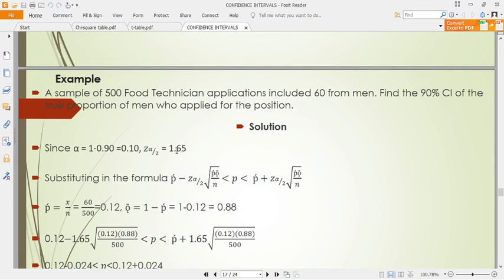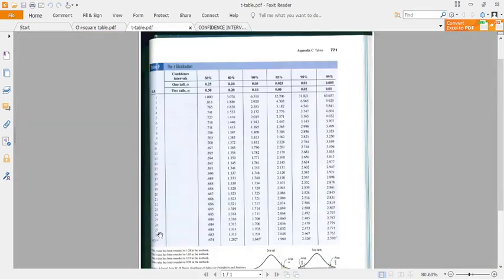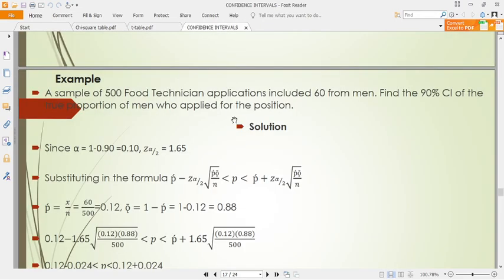But remember, we said that we can get our Z value from the T table at the bottom. So at 90% confidence level, our Z is 1.645, or rounded off to 1.65.